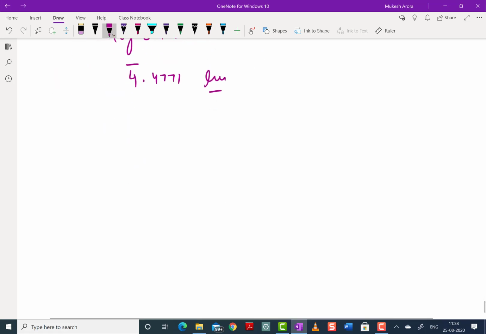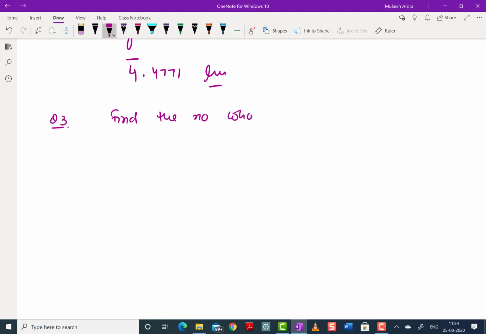Now question number 3 is find the number whose log is 2.9878. We have to find the number. Let log x be equal to 2.9878.